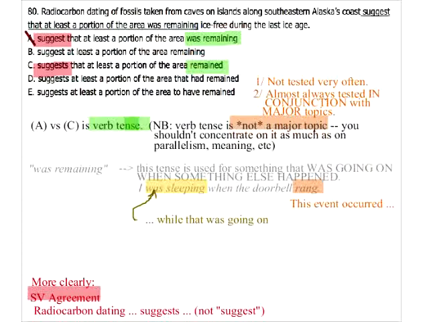So, for isolated past events that are not being related to other things by the sentence, they're not explicitly related to other events in the sentence in these kinds of ways, just use the normal past tense.